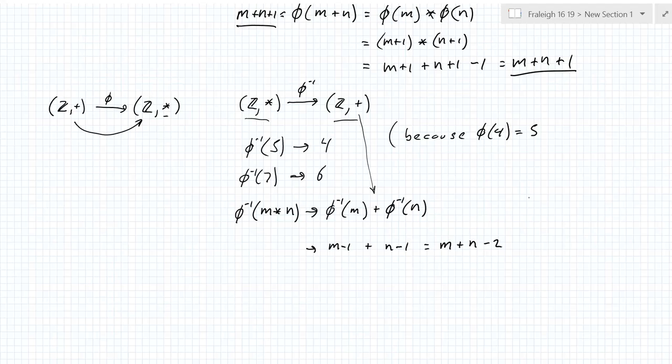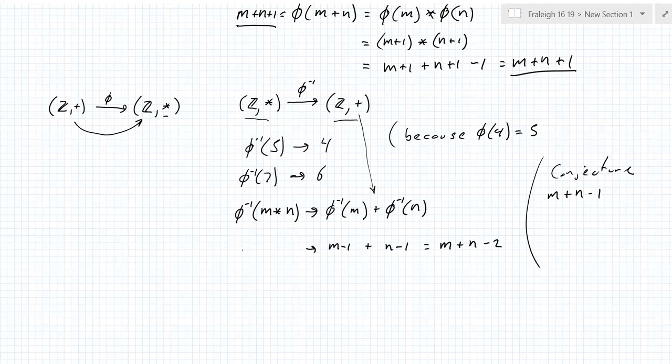So I'm going to make a conjecture that the operation we want is m plus n minus 1.